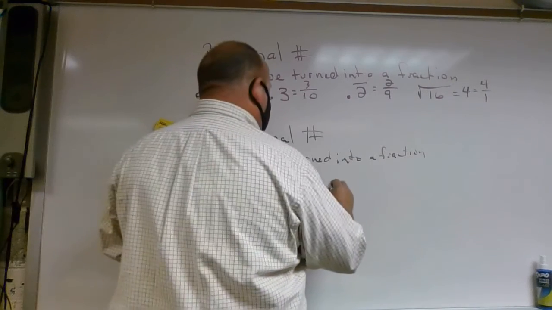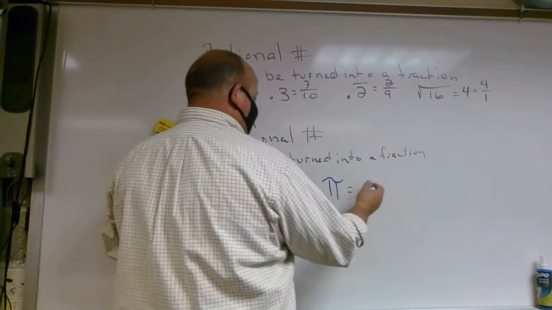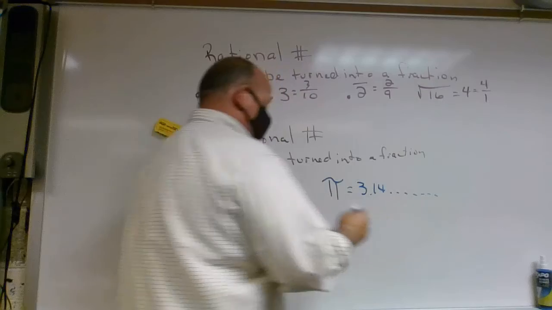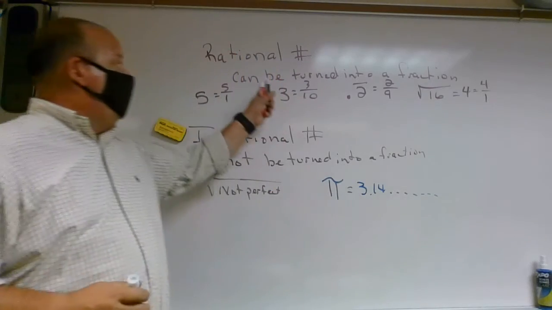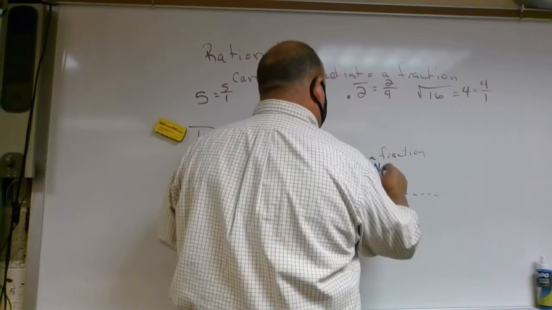Remember that. Pi is an irrational number because the decimal is like 3.14, and on and on and on. Never repeating, never terminating.